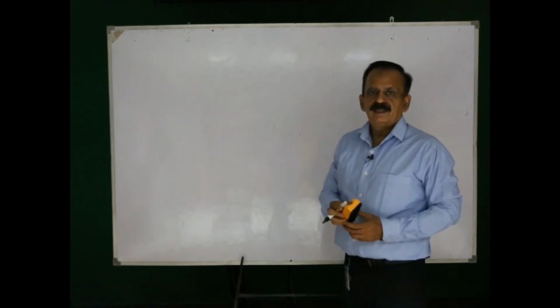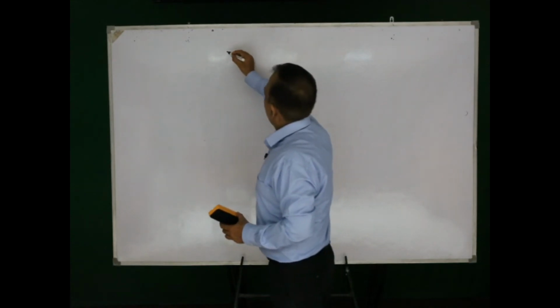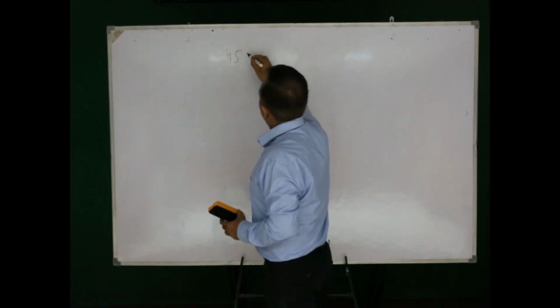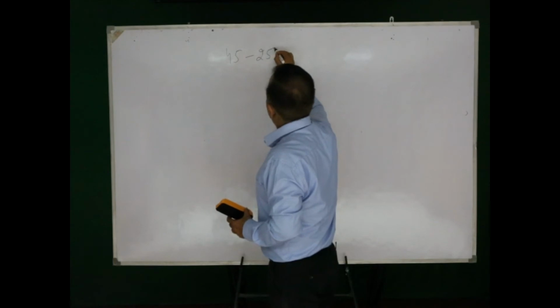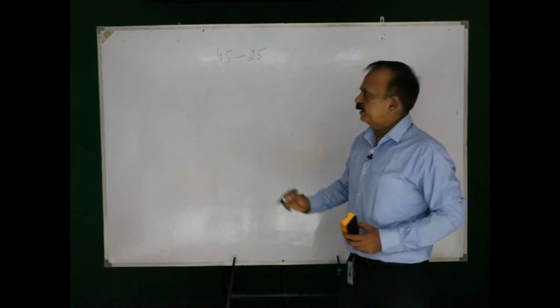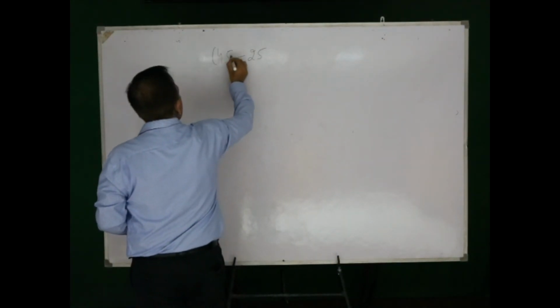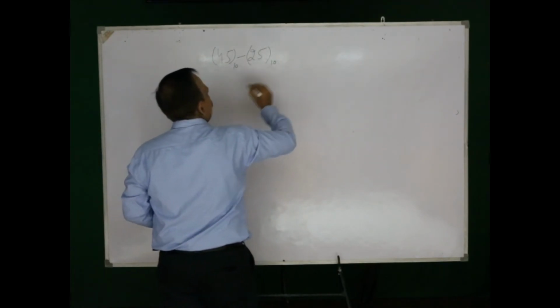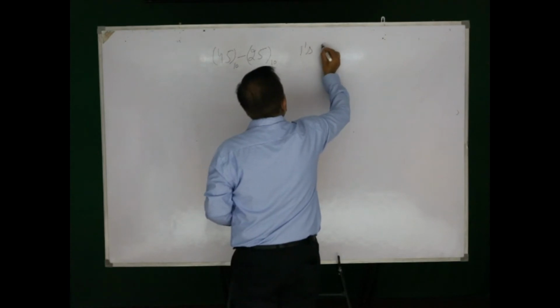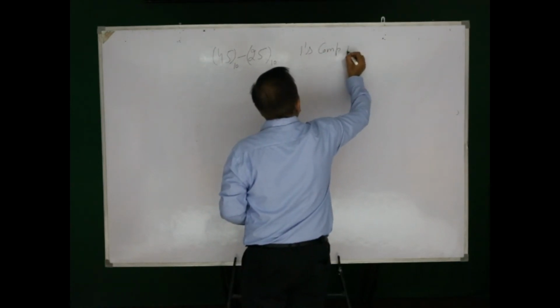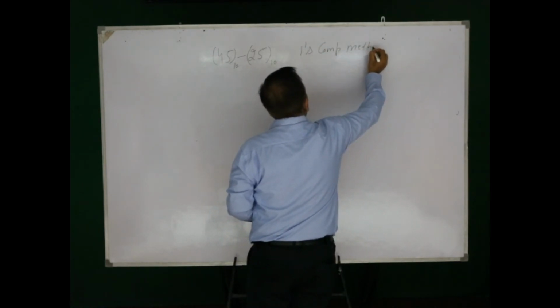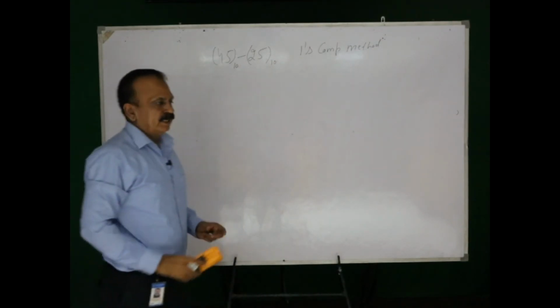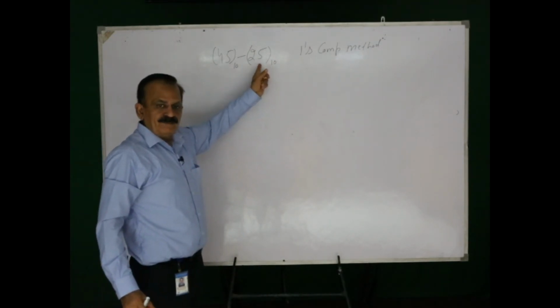Now I will be giving some examples that you will be solving during the practice session. You will be solving 45 minus 25, and I am indicating that these two are decimal numbers and you will solve it by ones complement method. You will be taking ones complement of 25.